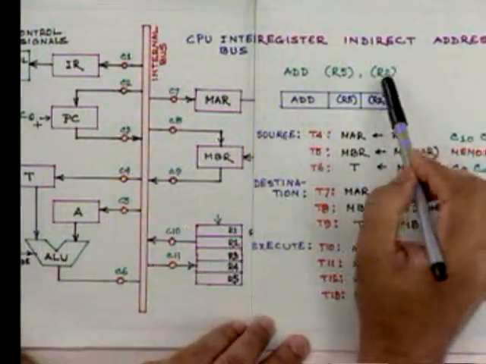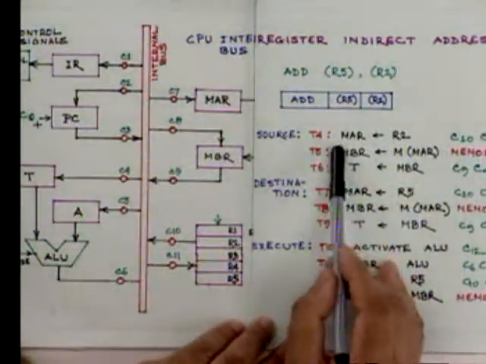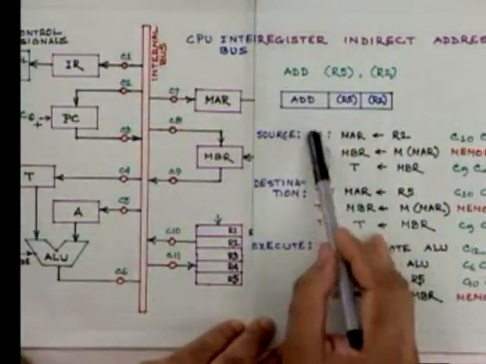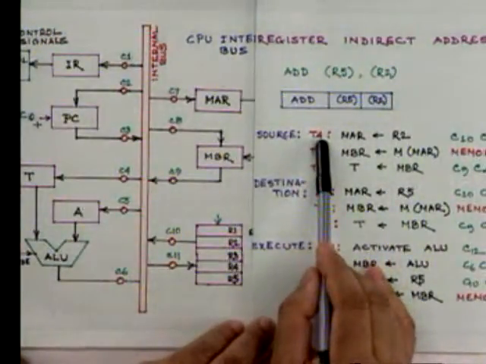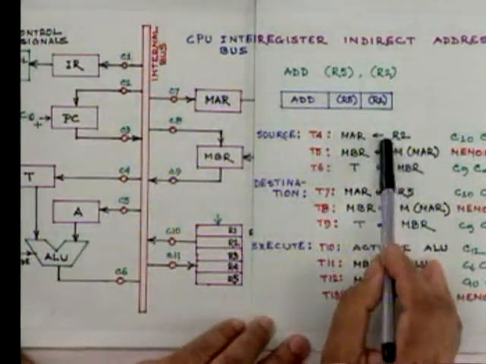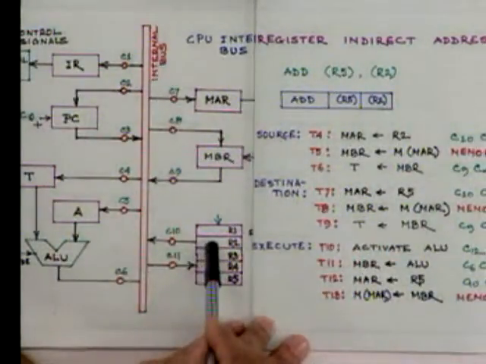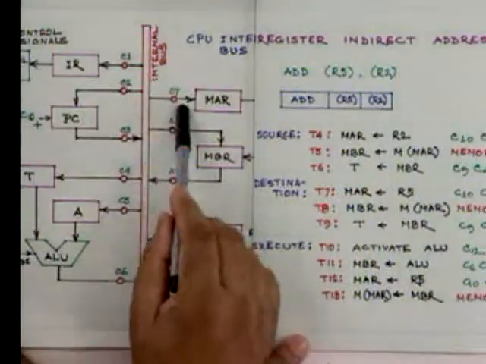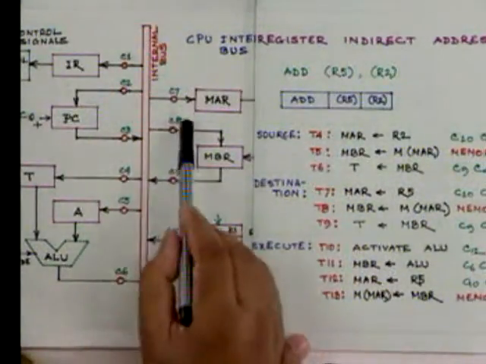After the instruction fetch is over, it enters the source cycle. In the source cycle, at the T4 timing state, the content of R2 should go to the memory address register, which means gate C10 has to be open and gate C7 has to be open.